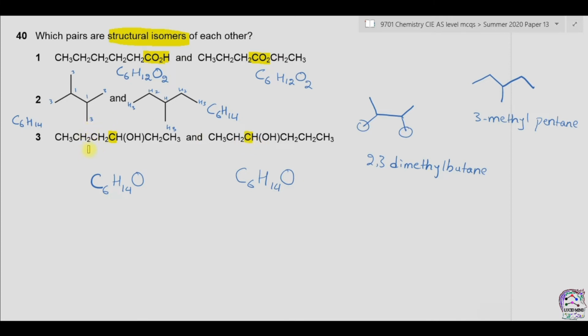So the name of this alcohol will be, counting 1, 2, 3, 4, 5, 6, hexane, and OH is attached to the third carbon atom, so hexan-3-ol. For this structure we can see 1, 2, 3, 4, 5, 6. Again it is hexane, and OH is attached to the third carbon atom, so it is hexan-3-ol. So both of these are actually the same compound, they are not different, so therefore they are not isomers. So the only correct options are 1 and 2, so therefore the answer is B.